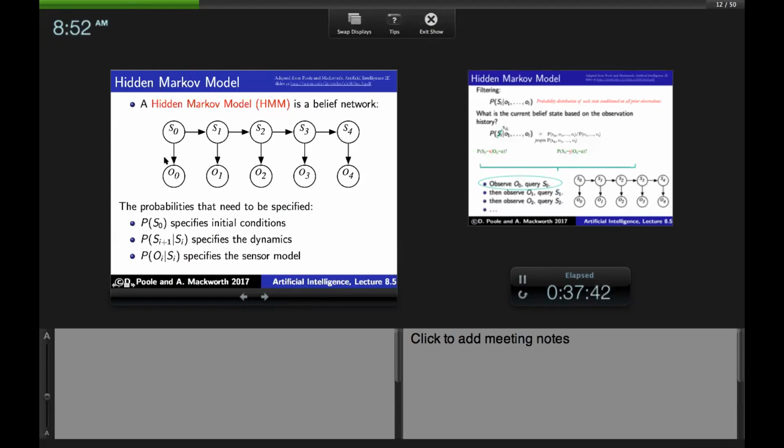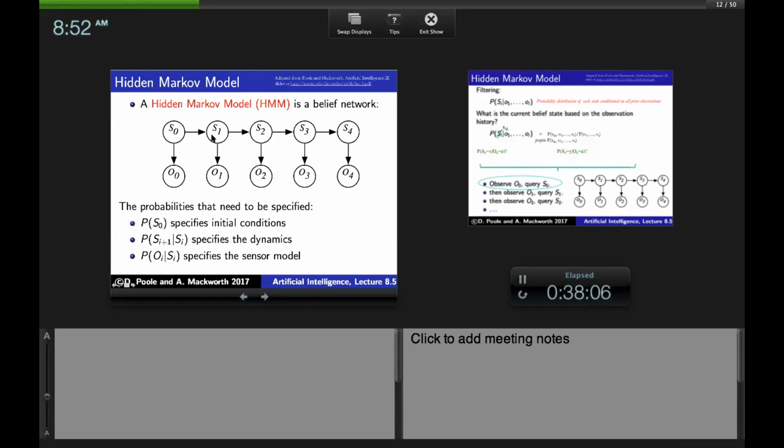And the probabilities that you need to specify here are the probability of S sub 0, the probability of the various states at S sub 0, and the probability of transitions. Again, in a Markov model it's sufficient to specify the probability of a state S sub I to S sub I plus 1.